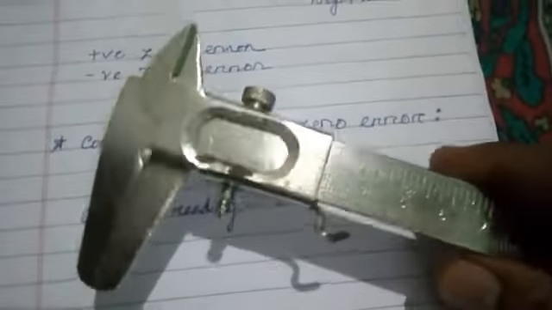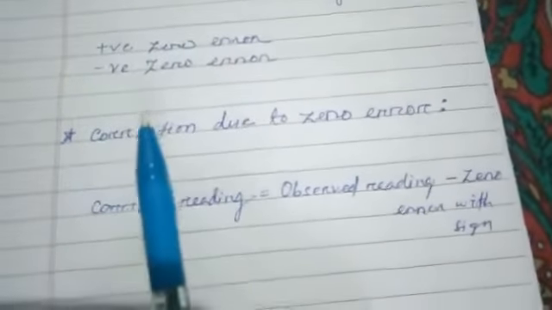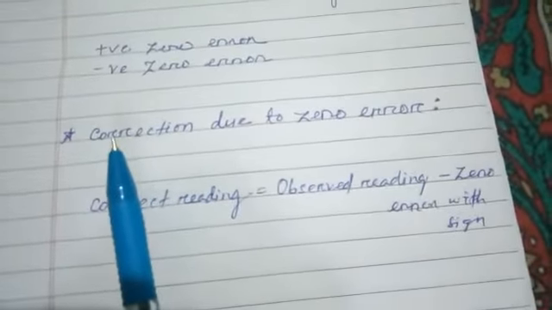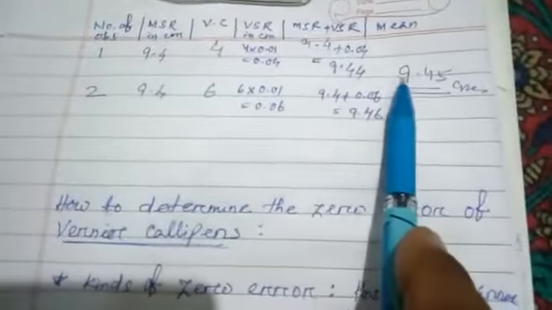Now once you know your device's kind of error, positive or negative, how to find out the correction? Knowing the division, converting to the error value, all this I covered. Now once you know the positive and negative error, the correction due to zero error also you have to adopt. Look here. In my previous video I had taken this reading.